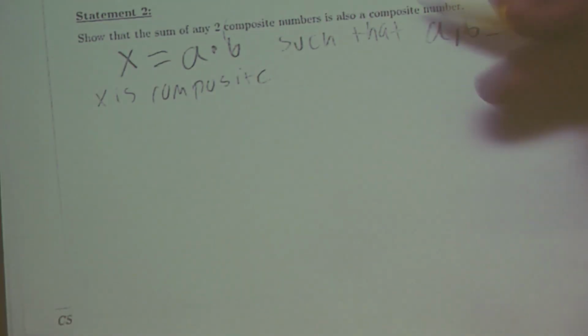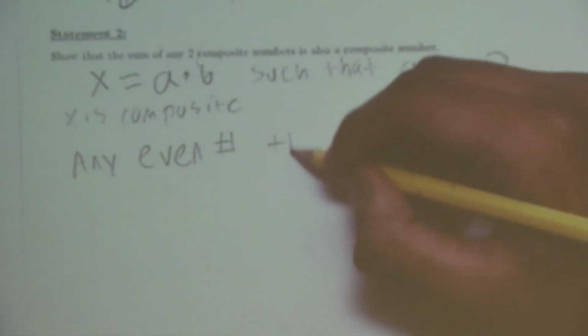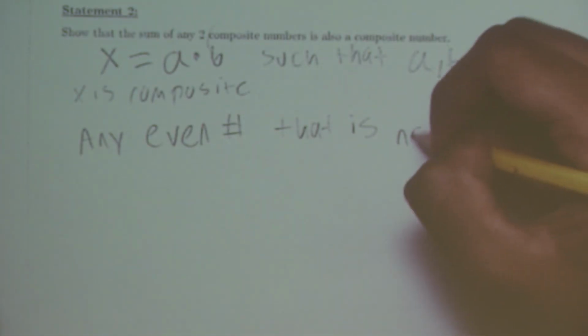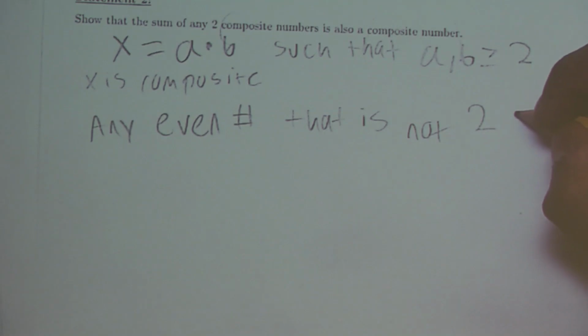No, okay. So what we can try to do is: any even number that is not 2 is composite.